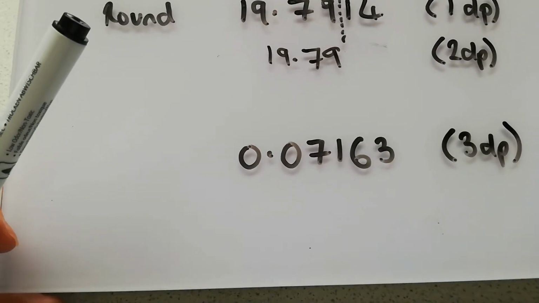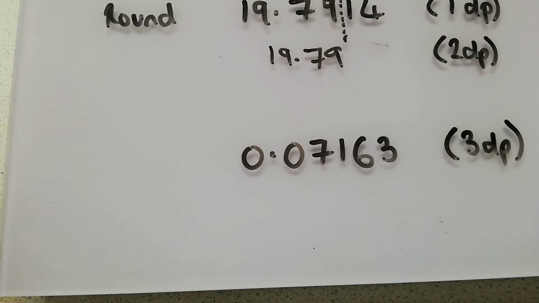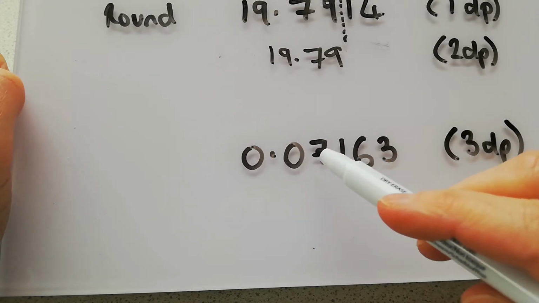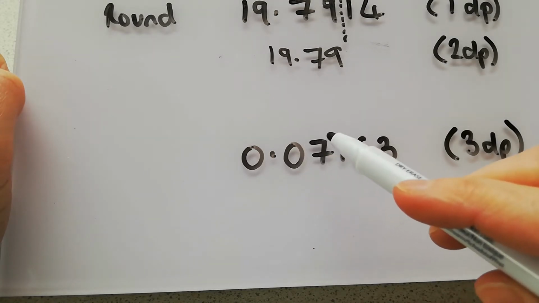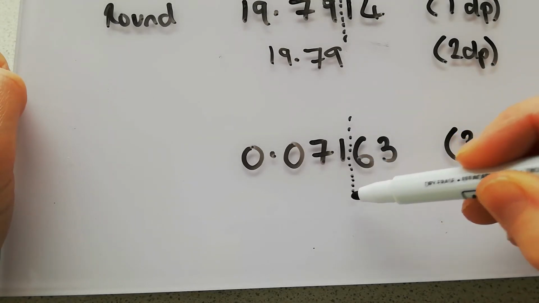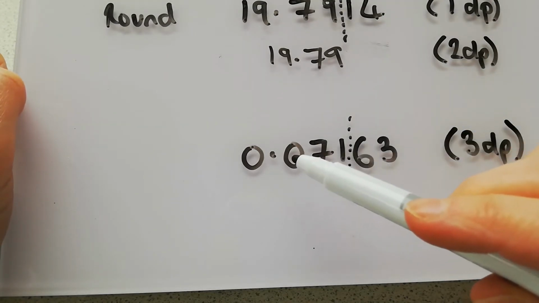Looking at the bottom one, if I want that to 3 decimal places, that's my first decimal place, that's my second decimal place, and that's my third decimal place. So I make a cut there. So the 0 does count as your first decimal place, you do include it.